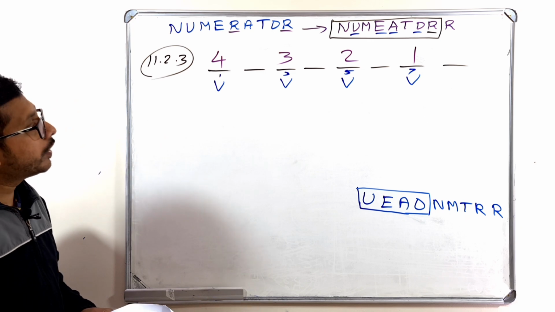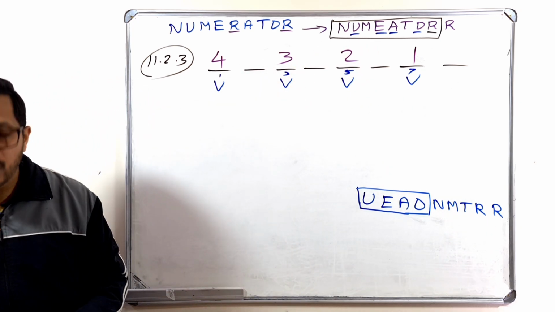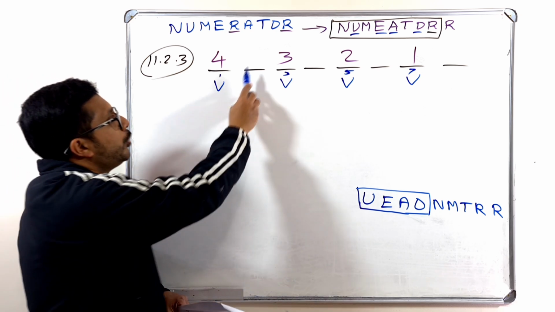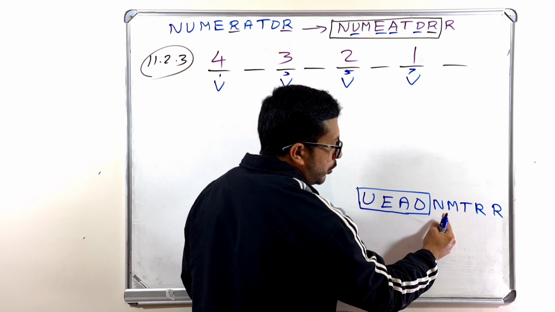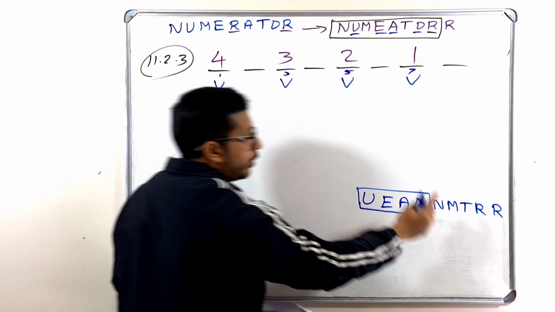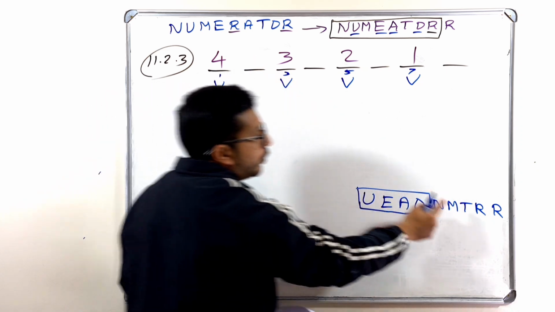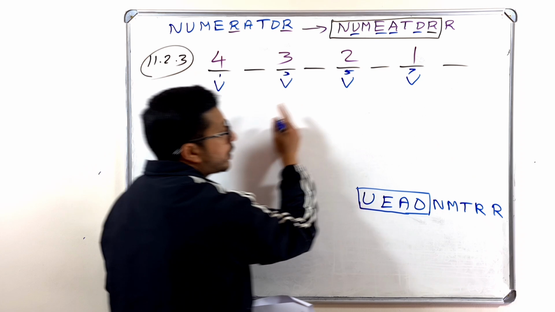Now the remaining positions, there you have to be careful. Here how many options now? Any of the consonants: I can put this n here, I can put this m here, I can put this t here, I can put this r here. What about this r? Is it not the same as this r?